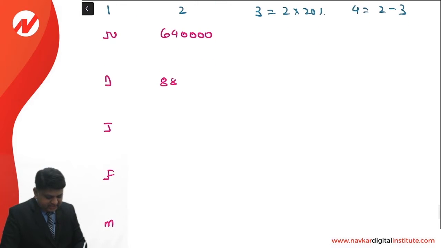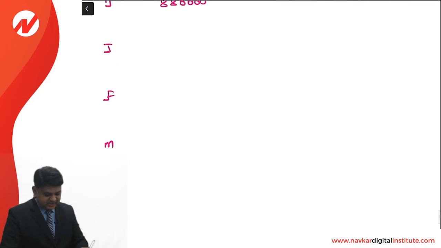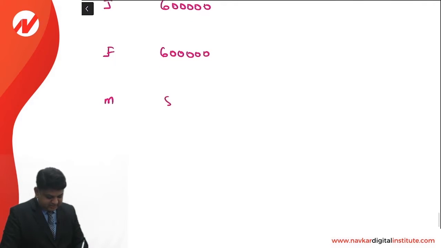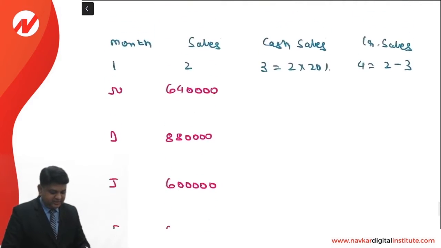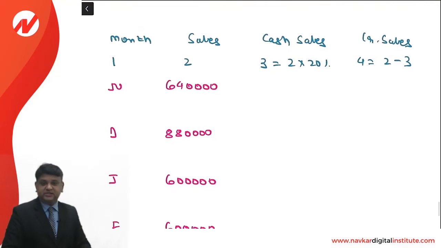Then it is 8,80,000. Then it is 6 lakhs, 6 lakhs and 8 lakhs. That is the way we will be having the sales on monthly basis.